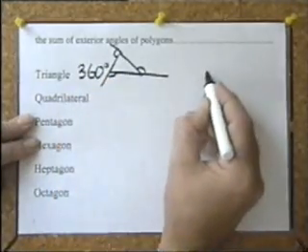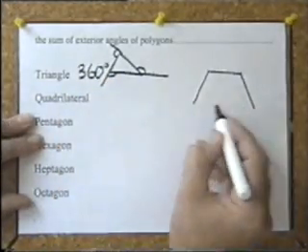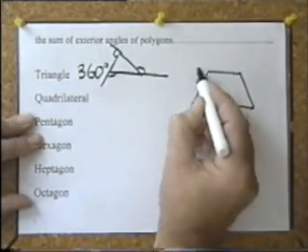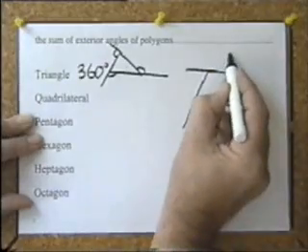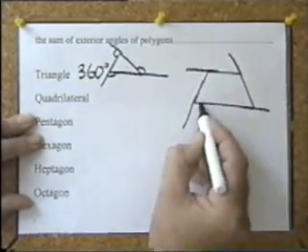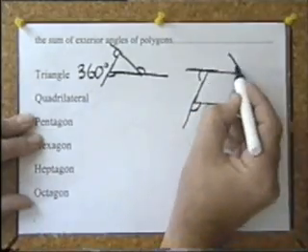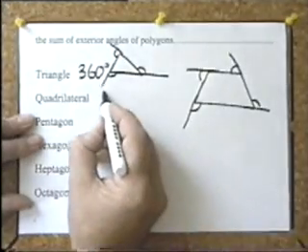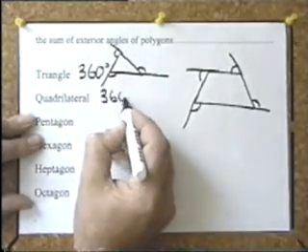If you have a quadrilateral, 4 sides, if you extend the sides of your quadrilateral, these will be the exterior angles, and if you add them up, they'll add up to 360 degrees.